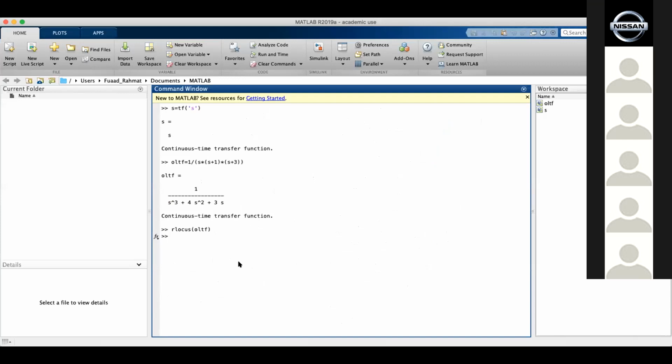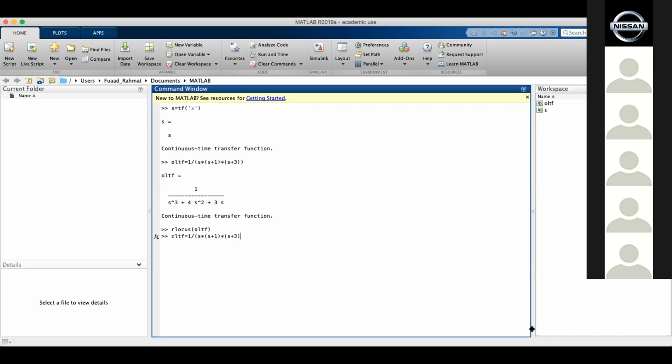Nuraina Shafika, what is the closed loop transfer function? Equal to 1 over S plus 3 times S plus 1... S plus 3, right?